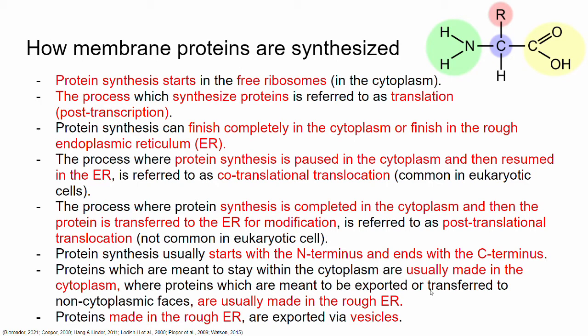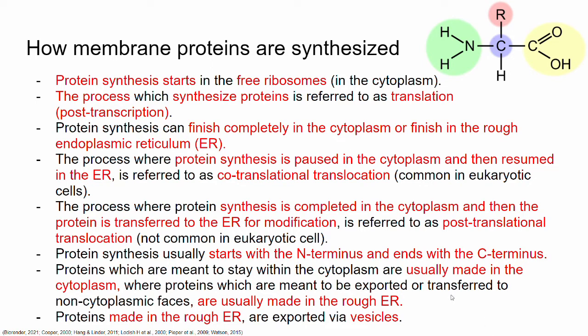If a protein is going to be used within the cytoplasm, let's say it's an enzyme that's going to work in the cytoplasm, or a signaling protein that's going to work within the cytoplasm, so it won't be going outside the cell or inside one of the organelles, then it's usually finished completely in the cytoplasm. The translation process starts in the cytoplasm and finishes in the cytoplasm.